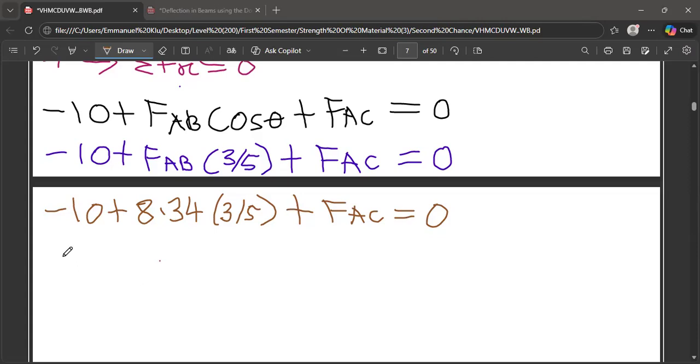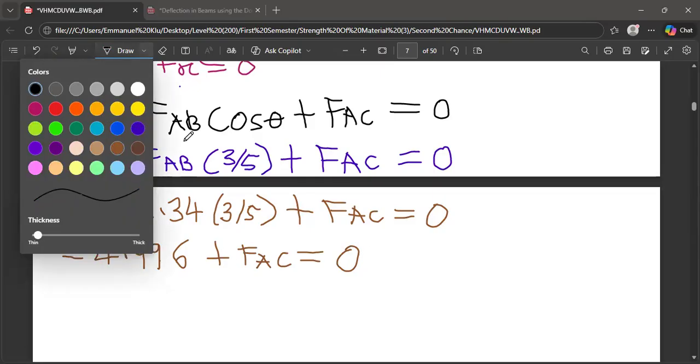Plus FAC, this is the answer we are going to be getting. Let's equate this to 0. From here we can group our like terms and life becomes much easier.